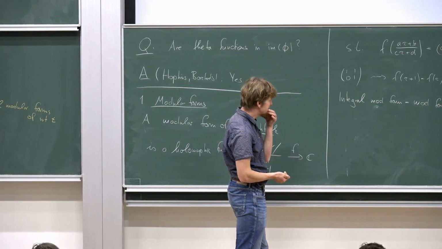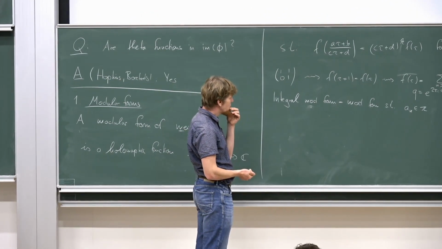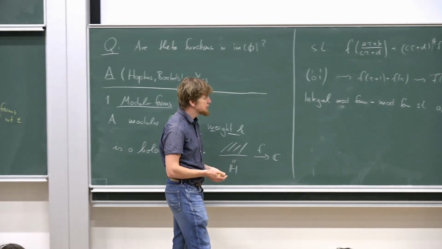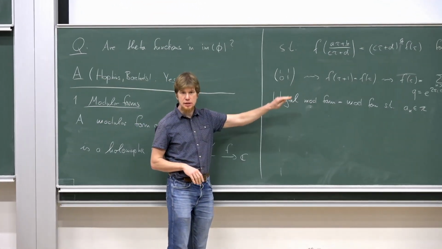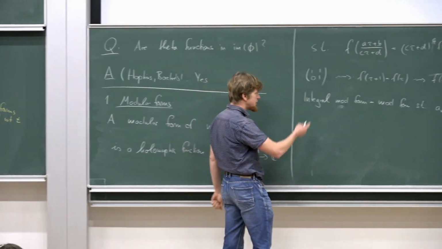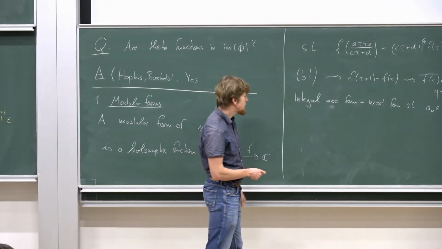Not zero, but limited. So we want to translate this in a few minutes into some other more geometric language, but it's actually necessary also to go through this because this allows you to tell you what theta functions are.